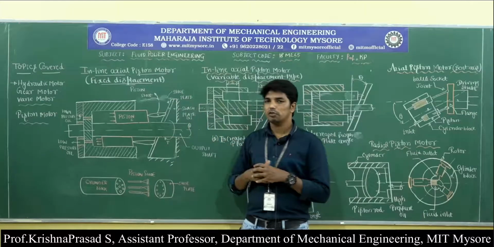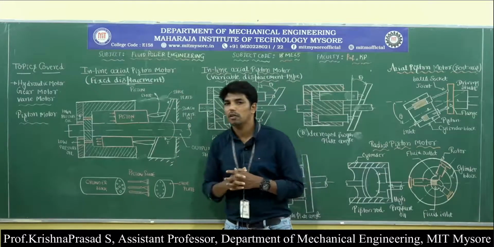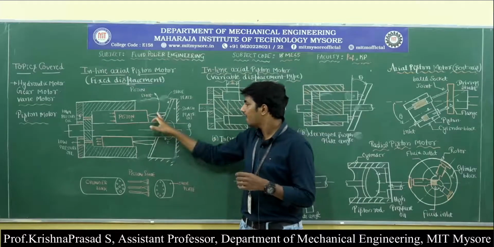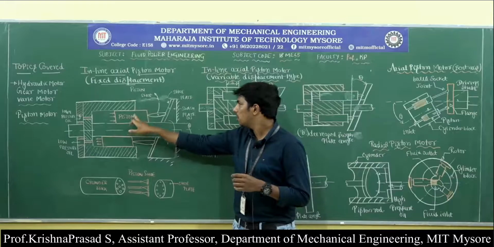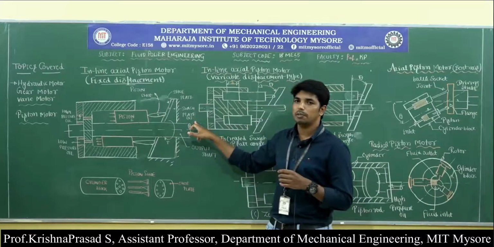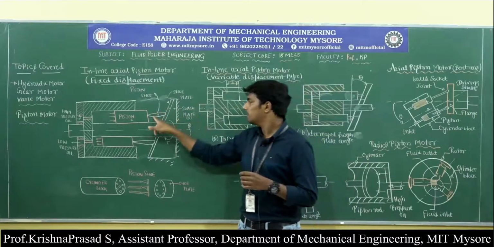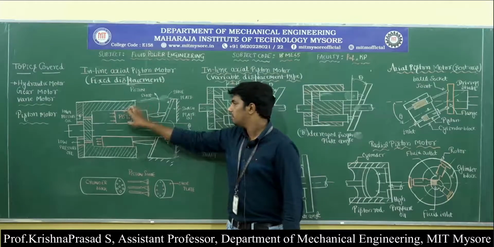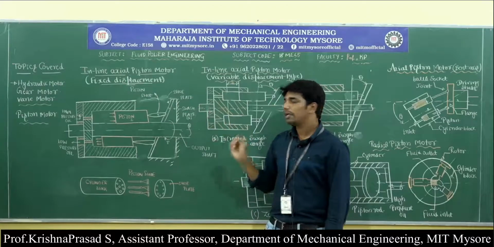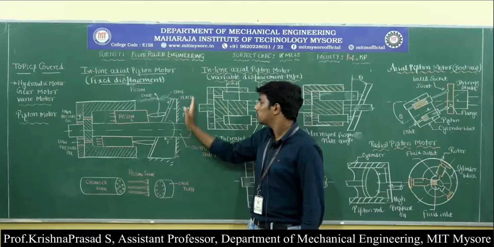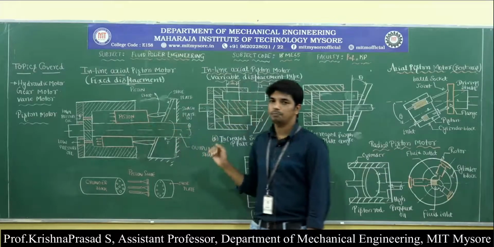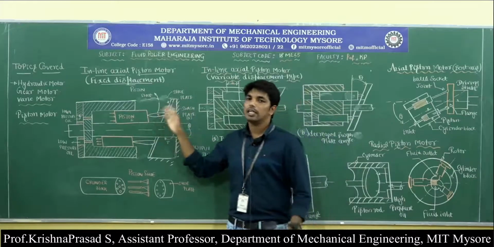Next, the piston shoe and the spring hold the piston against the fixed swash plate, and the swash plate is located at an angle to the piston. So this is regarding the construction.